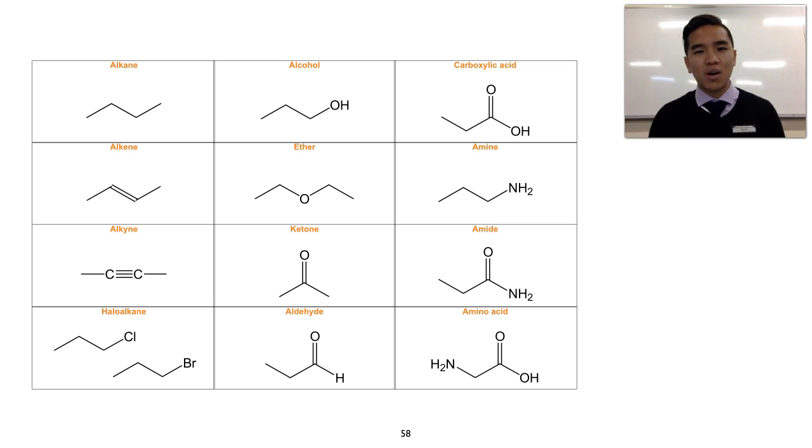What we have here are a range of general skeletal formulae of different organic compounds, and within each of these we can see a specific functional group that makes each of these organic compounds different. We've talked about alkanes, alkenes and alkynes so far. Alkanes don't specifically have a functional group, so they don't have any reactive site that makes them unique and react in a specific way.